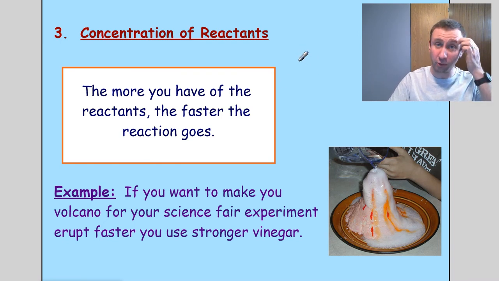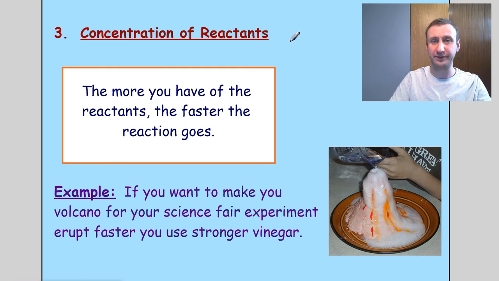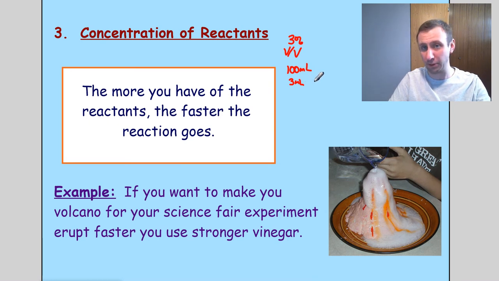The video that you're going to watch in a few moments' time shows hydrogen peroxide. So for example, normal hydrogen peroxide that you get in a store is 3% volume per volume. So what that means is if I had 100 milliliters of the hydrogen peroxide, which is H2O2, 3 milliliters of that would actually be H2O2 and 97 milliliters of that would be water.